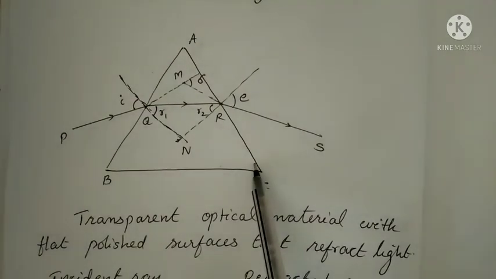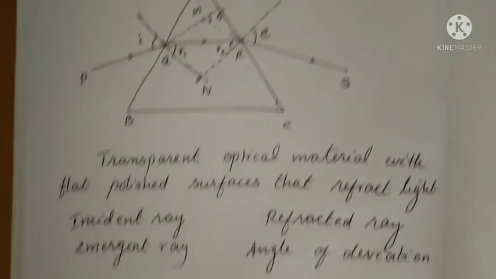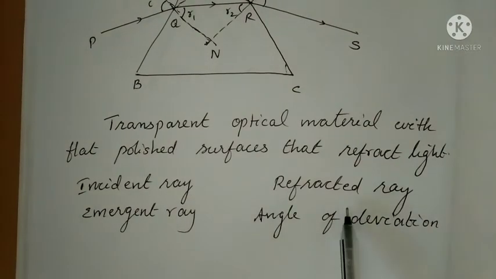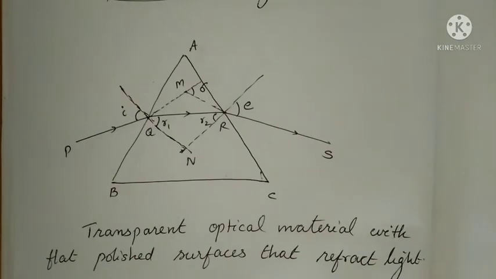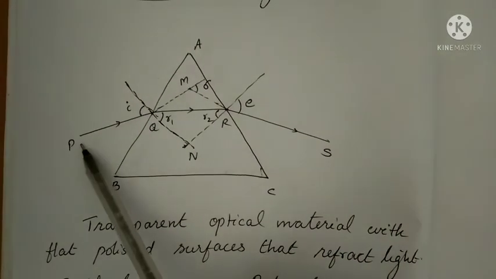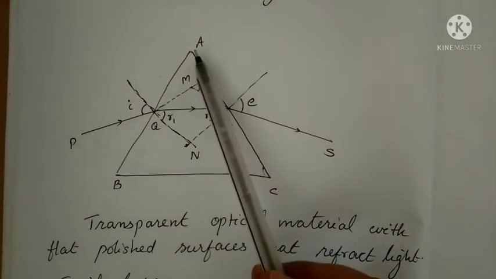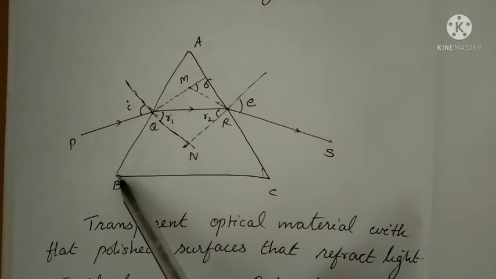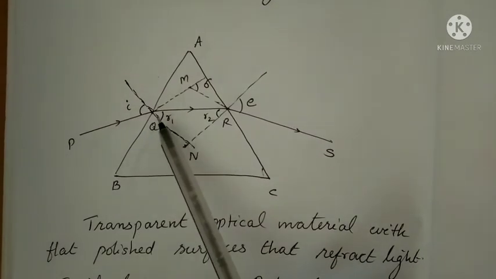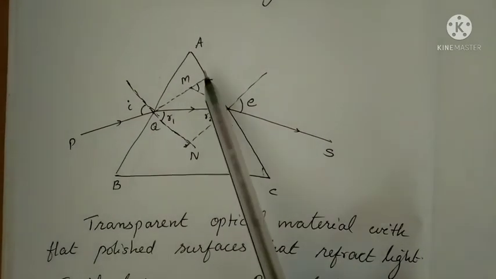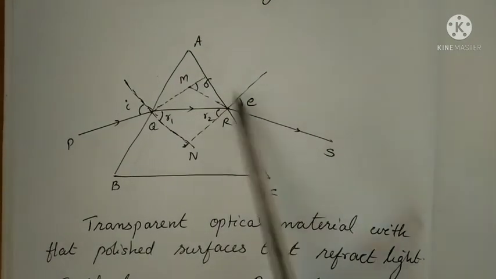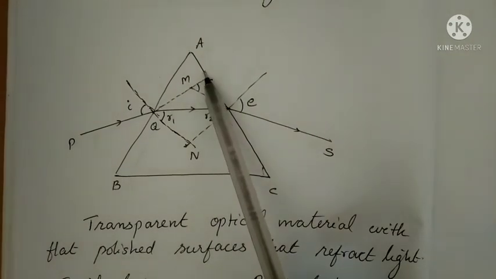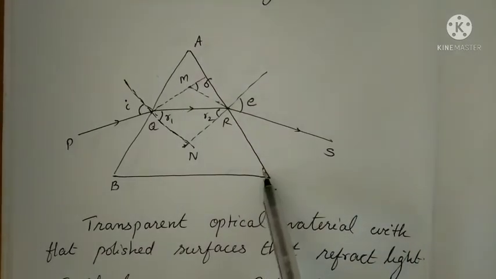Here we want to study some important terms: the incident ray, refracted ray, emergent ray and angle of deviation. Here a ray of light is incident on the refracting face AB, then it is refracted inside the prism and it emerges out from the next face AC.